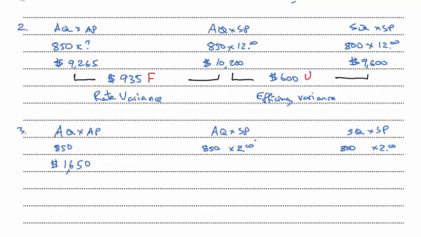So 850 times $2 is 1,700. 800 times $2 is 1,600.